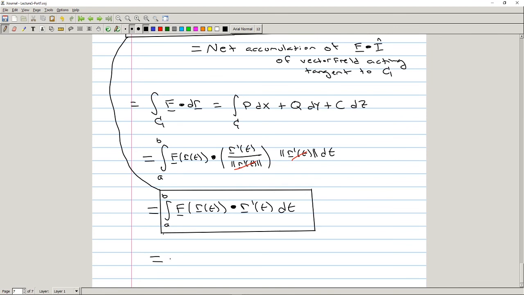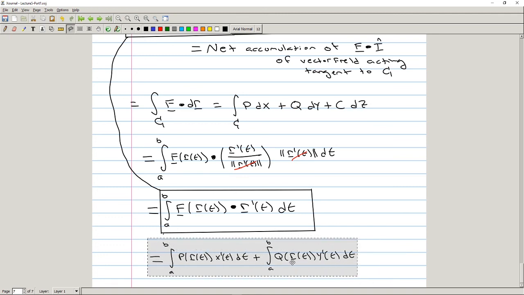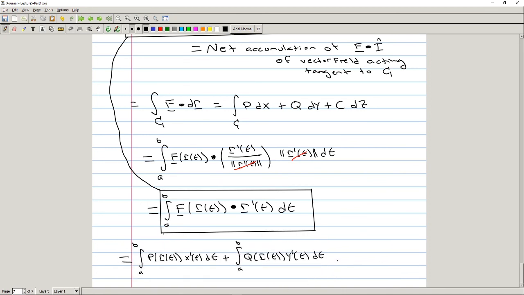This dot product is the same thing as the integral from a to b of P of r of t times x prime of t dt, plus the integral from a to b of Q of r of t times y prime of t dt, plus the integral from a to b of R of r of t times z prime of t dt, right?